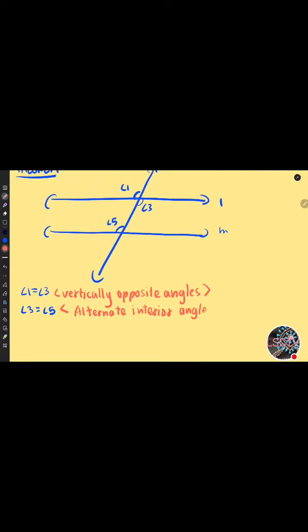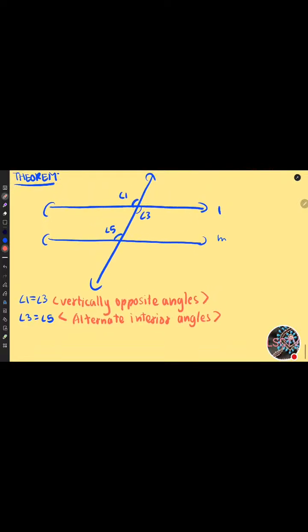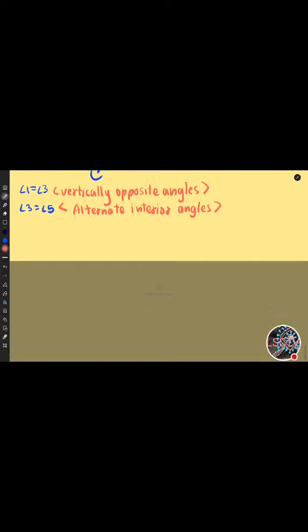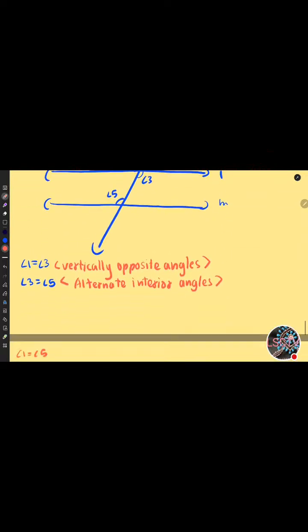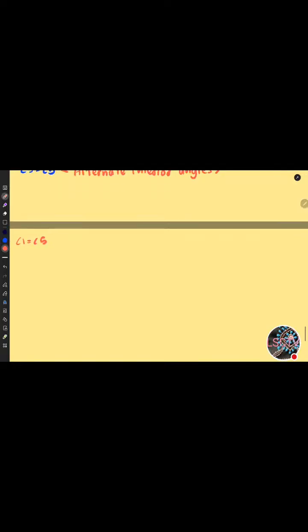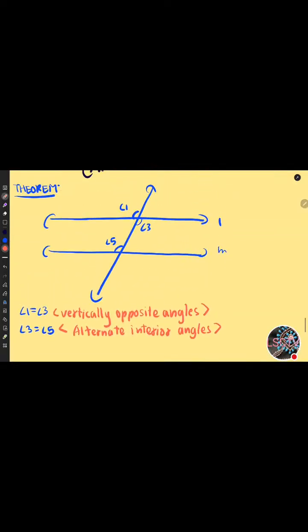Now, what if they ask you to prove that angle 1 is equal to angle 5? How will you prove it? You notice that these two angles lie on the same line. They are also formed by the same other line.